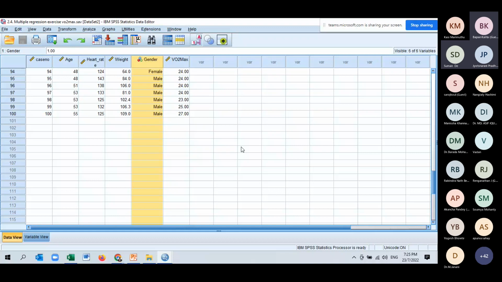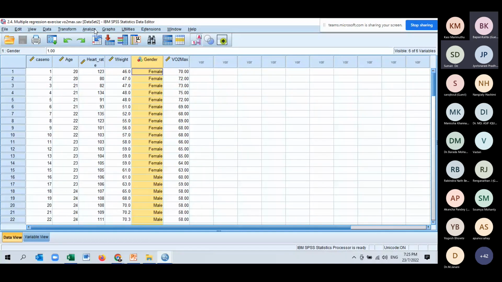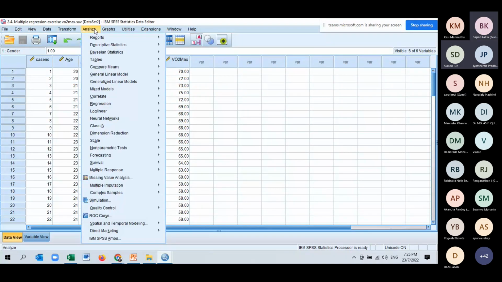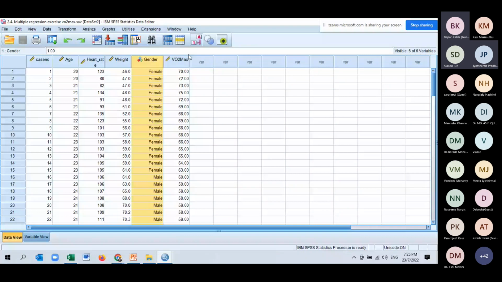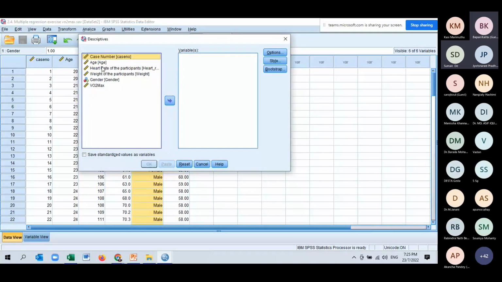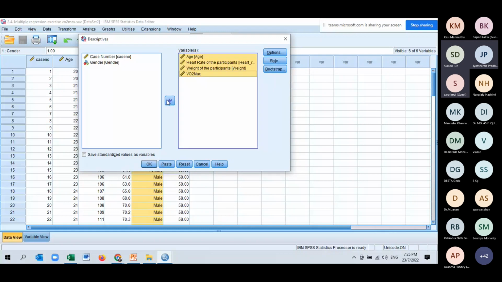Go to Analyze, Descriptive Statistics, Descriptives. Transfer all variables except the categorical ones, except the case number and gender. Gender is categorical, so we can use frequency analysis for it. Click Options.